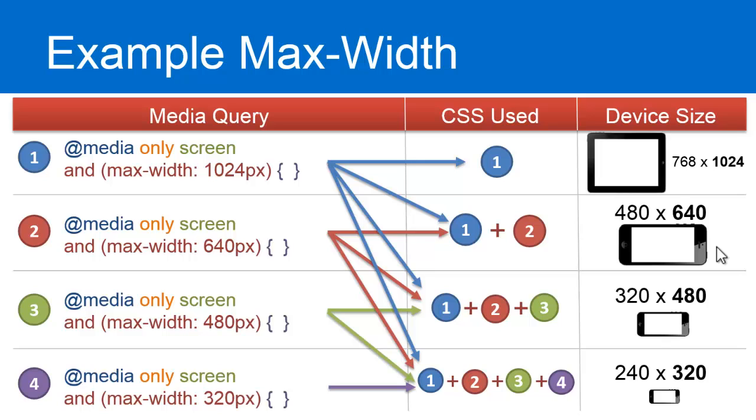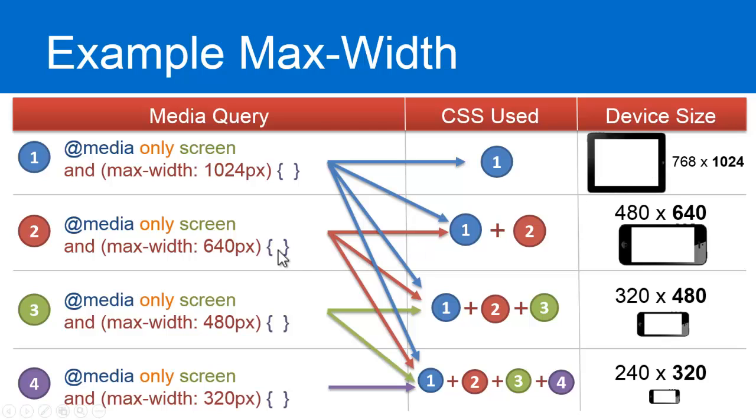So here's an example diagram that identifies what is really being called and referenced when you use max width as you get down from a large screen to a small screen. At first, when you're viewing, let's say, a tablet or a larger website from a desktop, and you have a max width of 1024 pixels, this would be at the top of your style sheet. It's only reading the properties in this bracket, and that's the only thing it reads for that one larger screen.